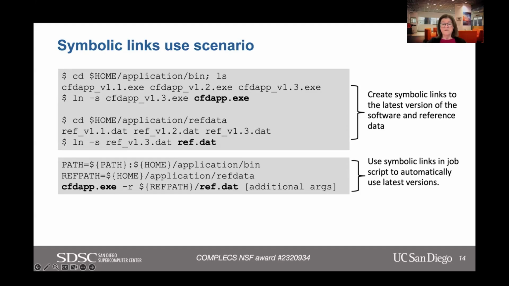And then you have the alias cfdapp.exe. We made that point to, excuse me, the most recent version, and then the reference path for reference data, and then any other additional arguments. And now, no matter how many times I change my current version or my current version of reference data, my command will always work with the newest, latest version.